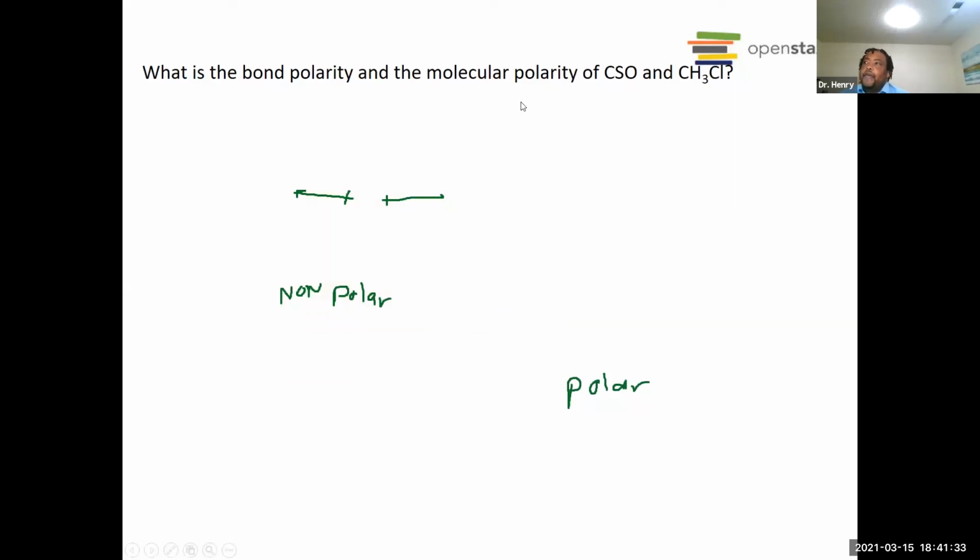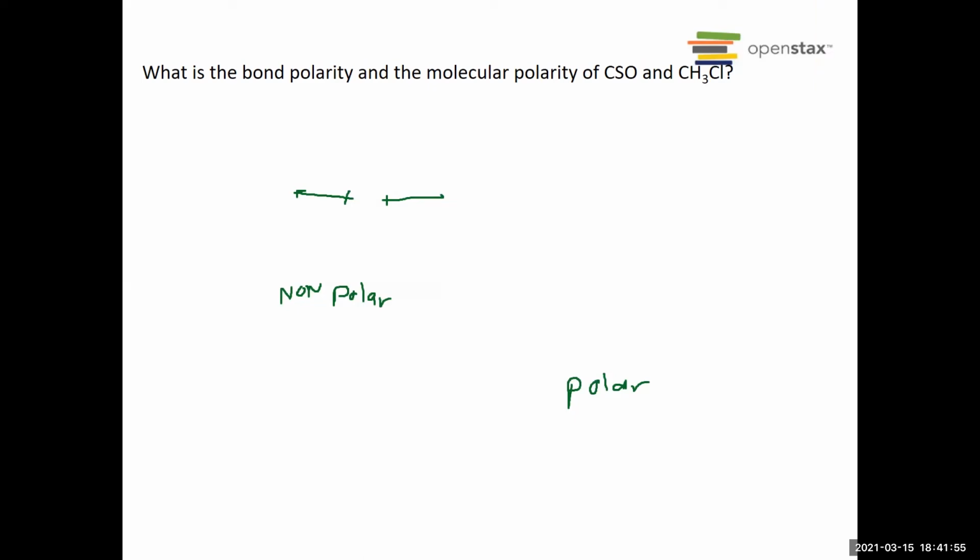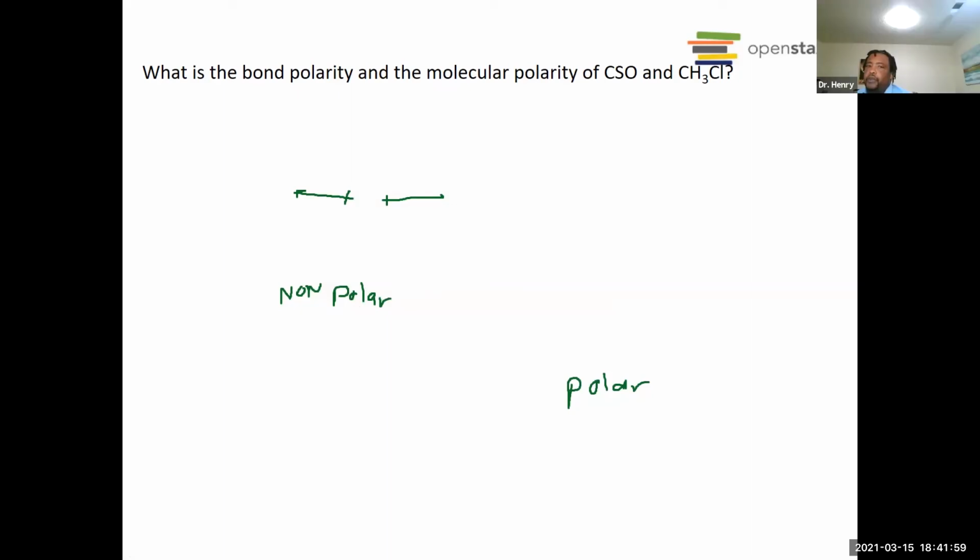Okay, so I have two molecules. I'm going to split you guys up into two groups. What I want you to do is draw the Lewis dot structure. I want you to tell me the bond polarity, and then I want you to tell me the molecular polarity of the two molecules. You guys got what I'm asking for? You want the Lewis dot structure, and then you want to know the polarity. Yep, bond polarity and molecular polarity.